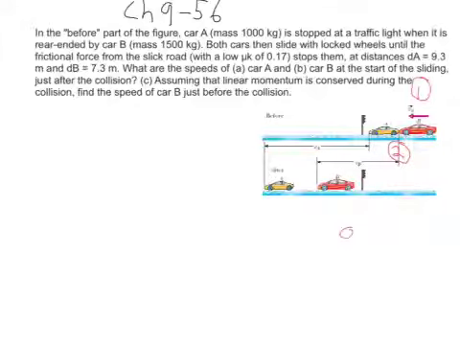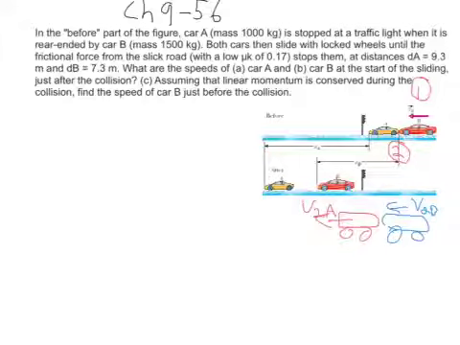So at point 2, you have car A that's now moving with some new velocity, which I'll call v2 for car A. You also have car B that's just impacted car A, so it's right here, and it too is moving with V2B after the collision.